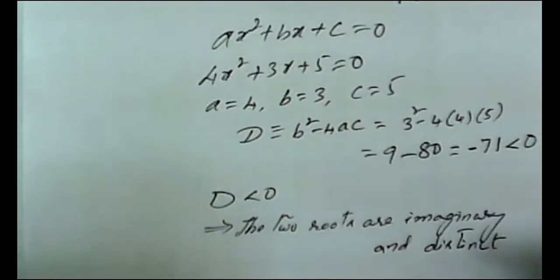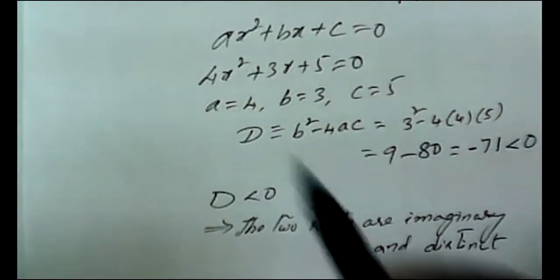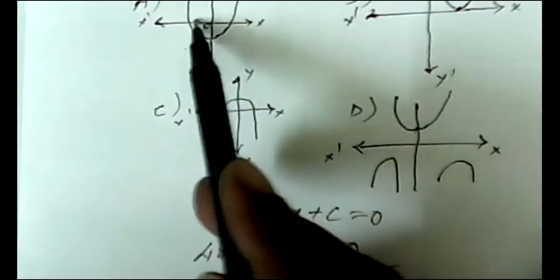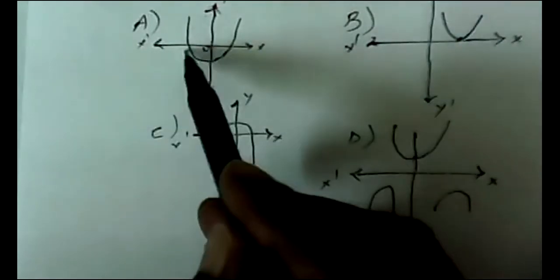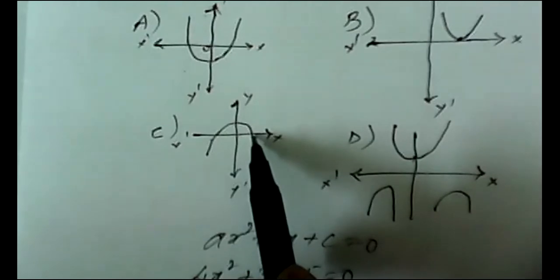So when the roots are real and distinct, it cuts x-axis at 2 points like this. Just now we have seen. If roots are real and equal, these 2 points will coincide, so it will touch the x-axis at only one point. Again, 2 points on x-axis means real and distinct.